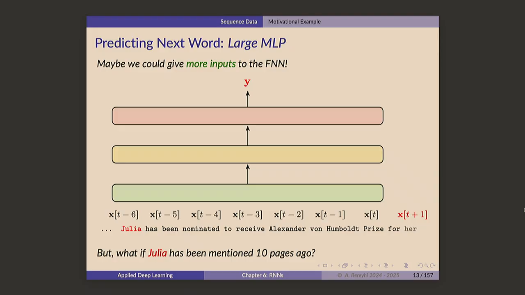And you don't have infinite size memory. I mean, we have a big memory, of course, but not infinite. We only capture the fact that this text is about that person, right? So this does not sound really practical. This is why we cannot simply use an MLP for this task. Just forget about it. This is impossible.